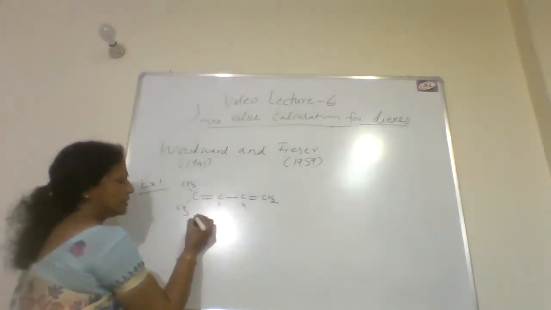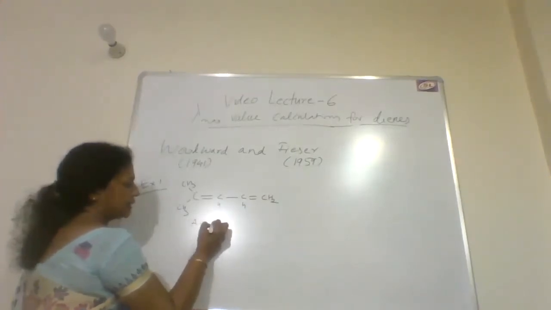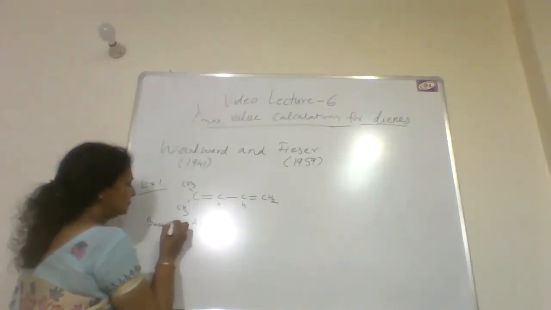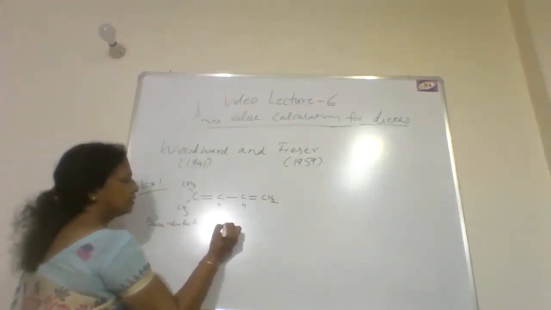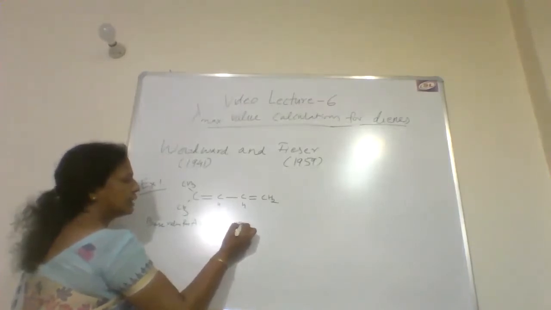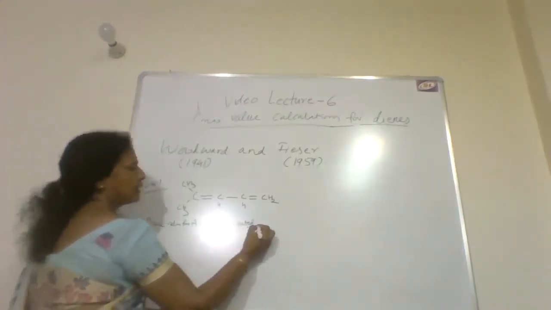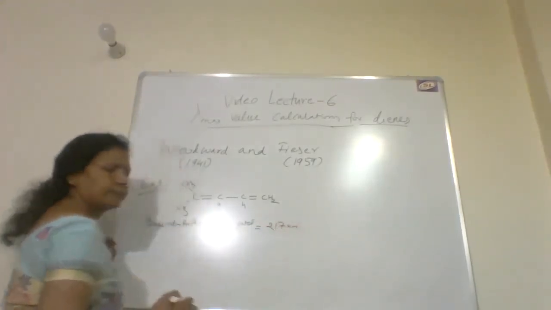It is an open chain or acyclic system, so the base value for acyclic conjugated dienes is 217 nanometers.